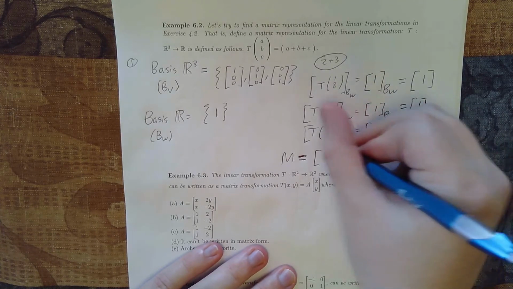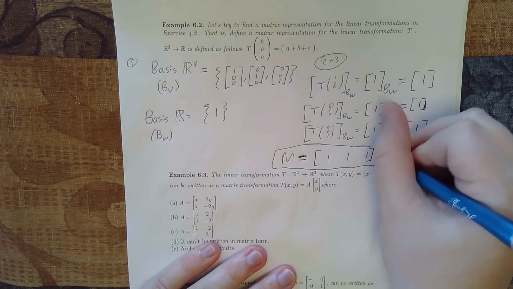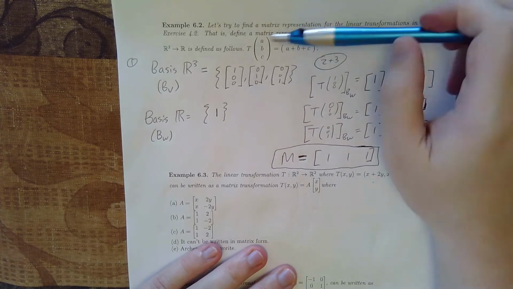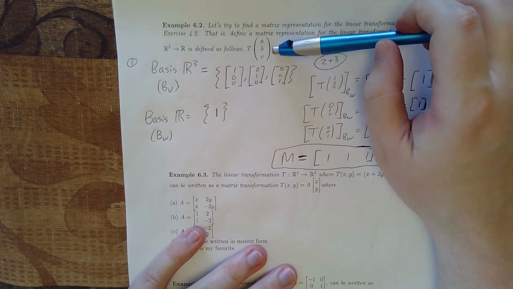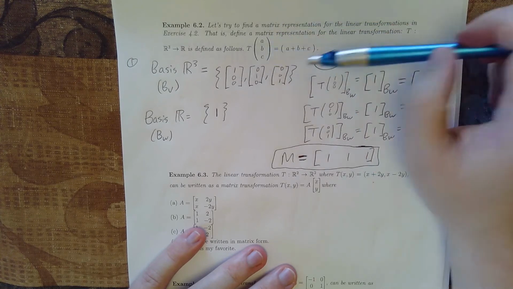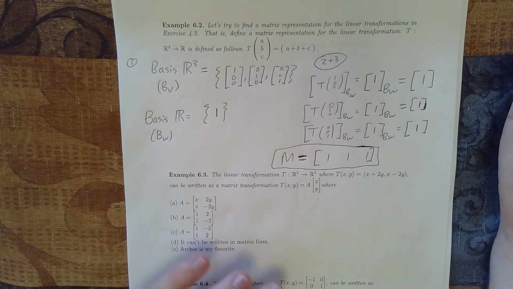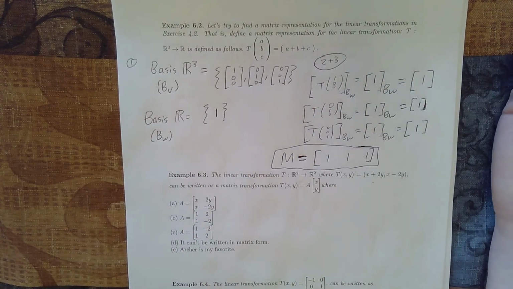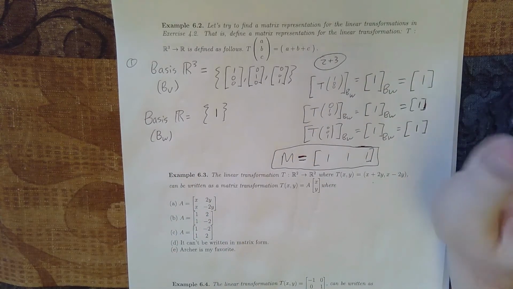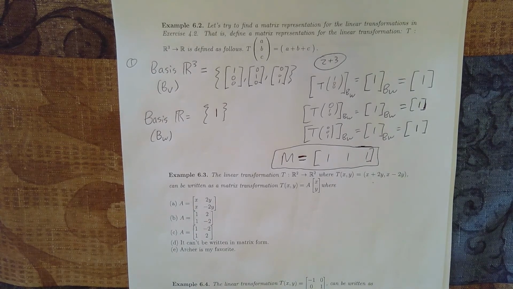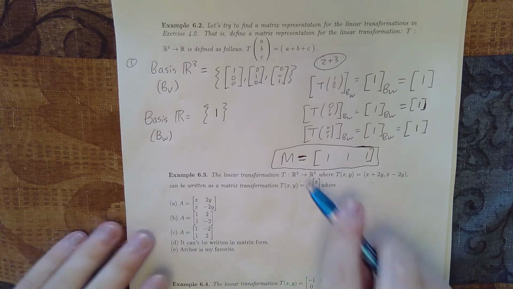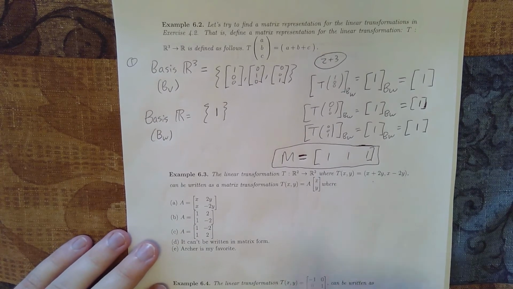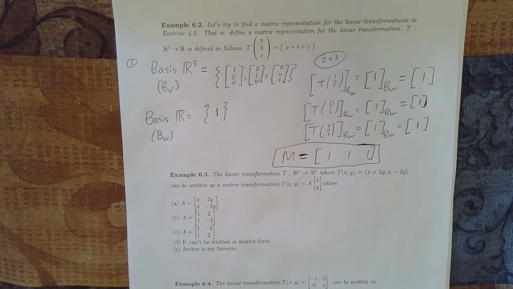So if you took 1, 1, 1, and you multiplied it by the coordinate vector form of a, b, c, you should get a plus b plus c as an output in terms of this basis, and then you'd write it in that basis, and you just get a plus b plus c. So it's kind of nifty, very cool. Okay, maybe I think it's cooler than everybody else, but that's besides the point. The point is we can get matrix forms, which are nice because we can code them pretty well.